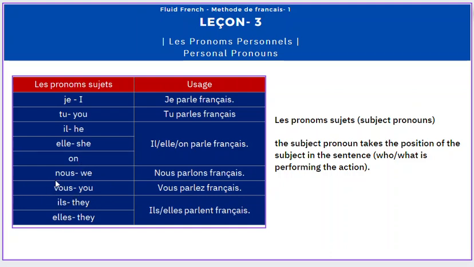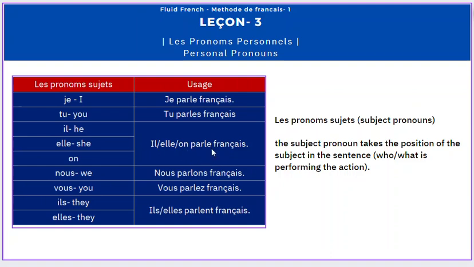Now in the previous chapter we looked at tu and vous and the difference in detail. You may want to check that if you're still confused. I will read them once again, then I will read the sentences. Je parle français. Now again, this part that you're saying is the verb. It's up to you to find out which verb this is. Tu parles français. Il parle français. Elle parle français.